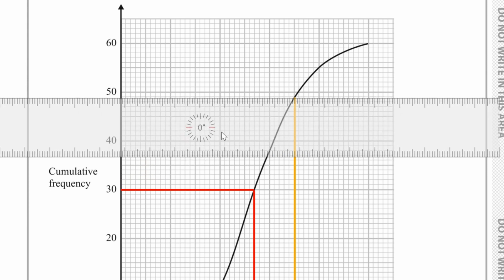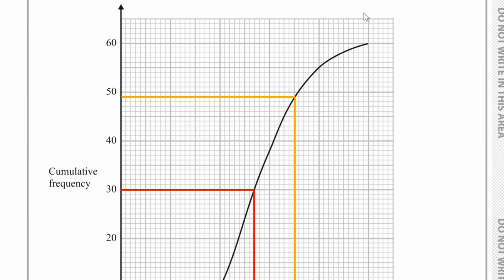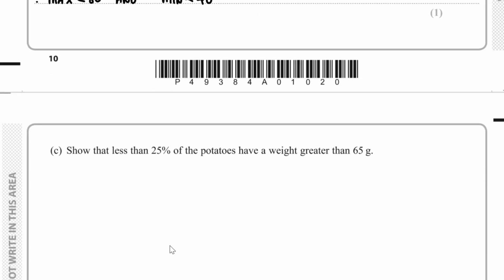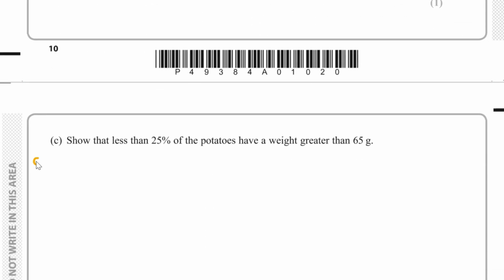The corresponding cumulative frequency is over here. What you can see is for 65 grams, the cumulative frequency is equal to 49.